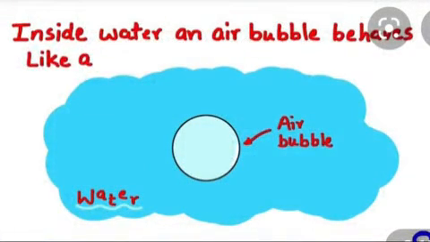And next one, how does an air bubble inside the water behave? Give the reason. Inside the water, how does the air bubble behave? What is the reason behind that? Air bubble has a spherical surface. Already we know, we observed frequently.